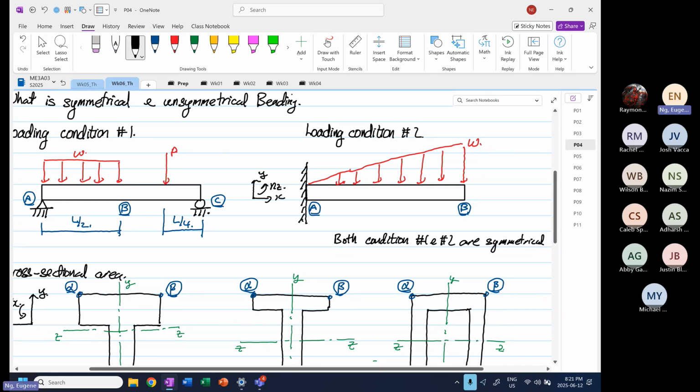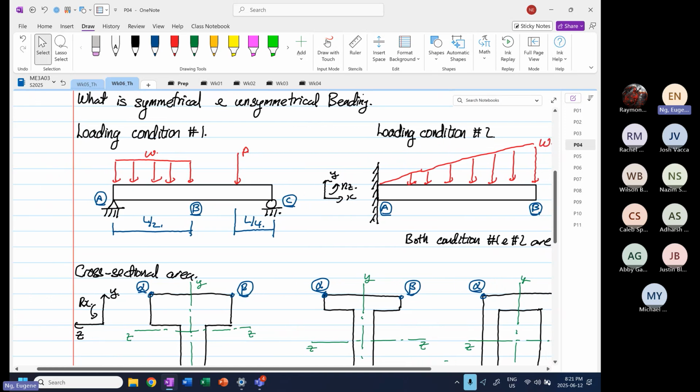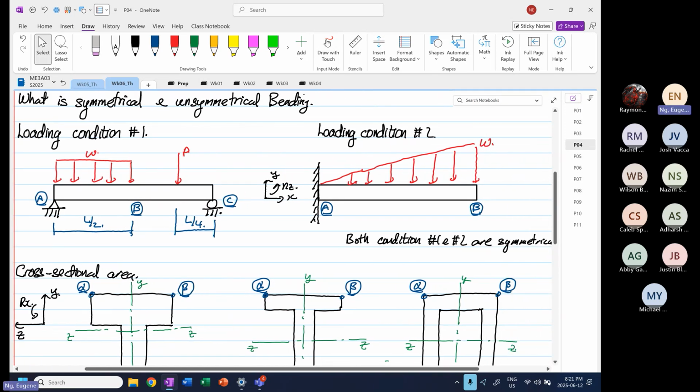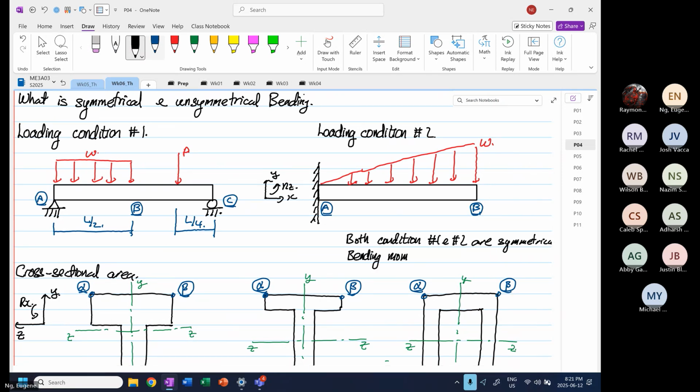Okay, both. Why? Because the bending moment is applied on one axis only.